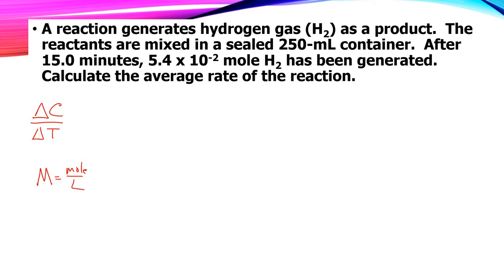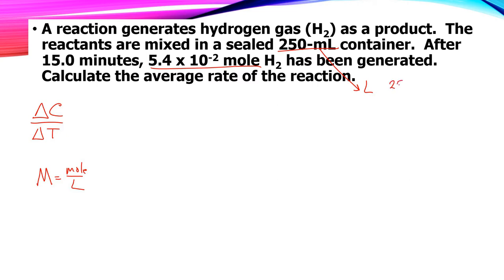We have moles and milliliters. First off, I need to change the milliliters to liters. What does capital M stand for? Moles divided by liters. Molarity is equal to moles divided by liters.